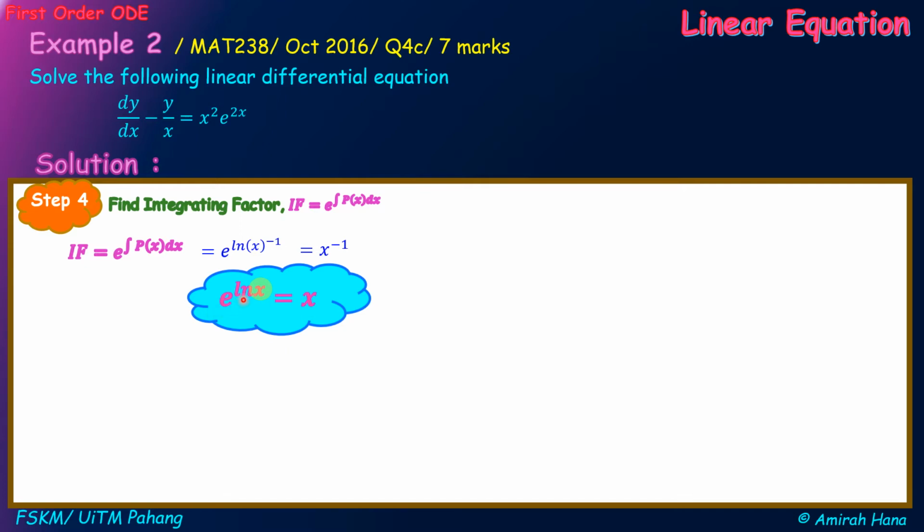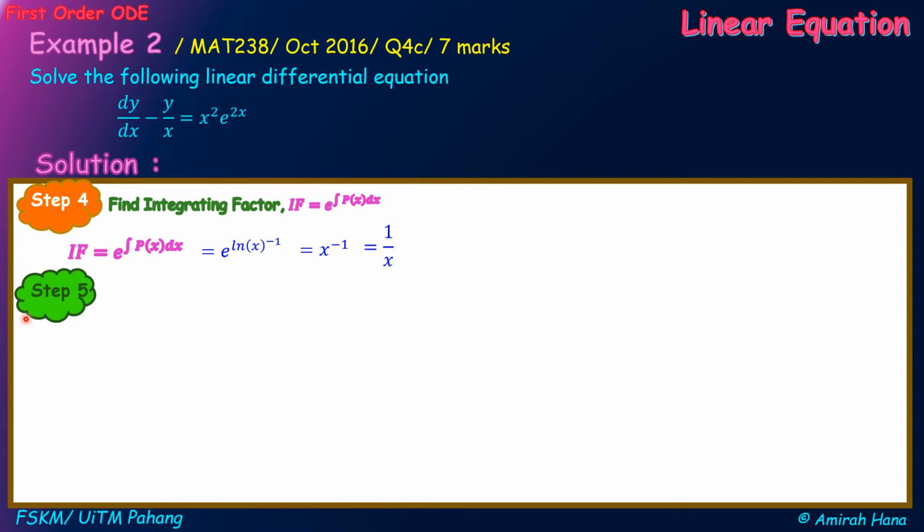If we have e the power of ln x, it becomes x. So if we have e the power of positive ln x to the power of negative 1, it becomes x to the power of negative 1. That's why it is important to make the coefficient of ln positive, so that we can use this formula to simplify. Then we can write x to the power of negative 1 equals 1 over x.